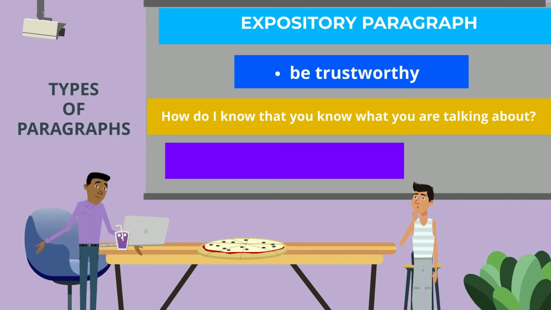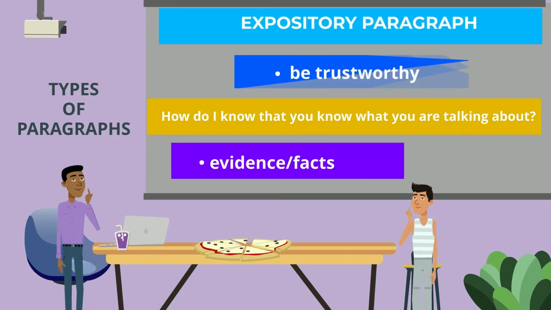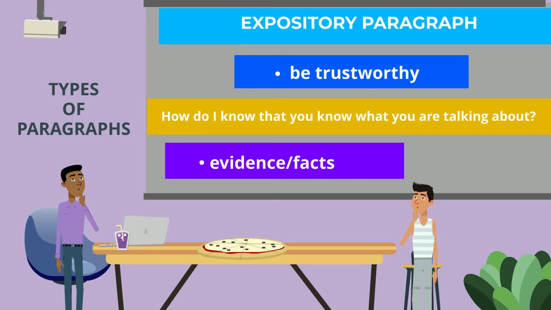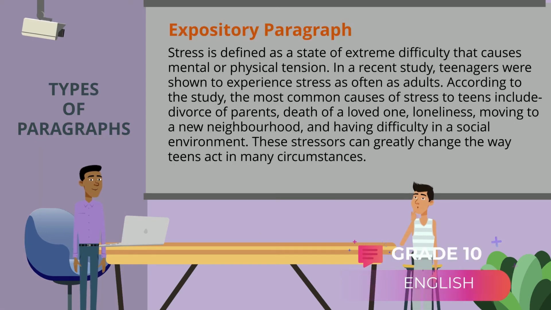The answer to this is in the evidence or facts you include in your writing. This paragraph type is largely built with proof. Let's read an example of an expository paragraph. Look for evidence as you go.